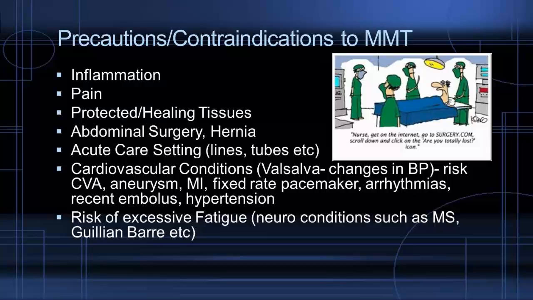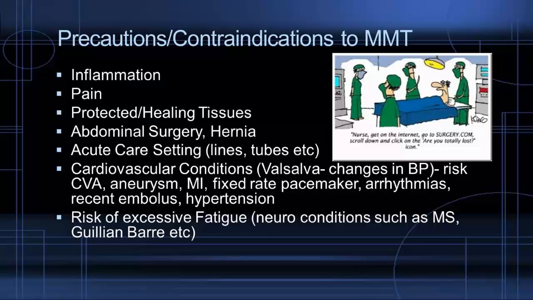Cardiovascular conditions, that's a big deal. Somebody might perform what they call the Valsalva maneuver, and you'll talk about that in other classes as well, where they hold their breath against a closed glottis. It can cause your intrathoracic pressure to rise, and it can spike your blood pressure. It's a risk for cardiovascular accident or CVA or stroke.